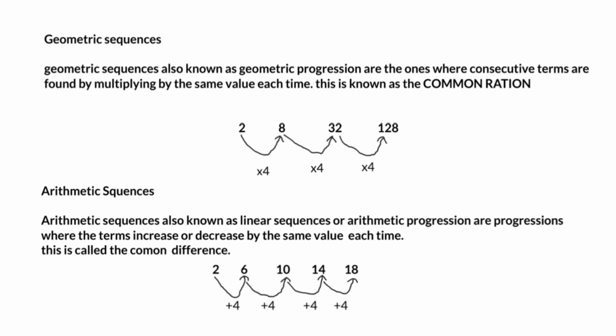So if you see this, you know that it's an arithmetic sequence, and the geometric sequence is increased by multiplying the common ratio to the previous number to get the next number. While the arithmetic sequence increases by the same value or decreases by the same value, you either add or you subtract to get the next value.